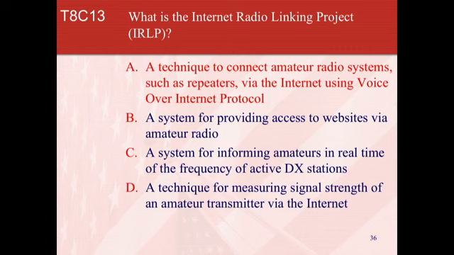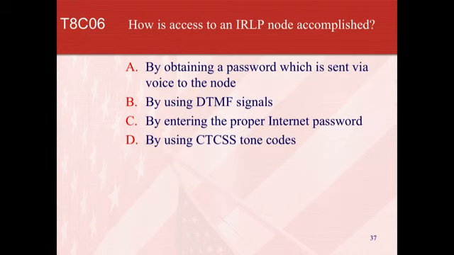Or you can go the opposite. You can use the analog equipment routed through an Echolink repeater and go out over the digital side. So everybody can talk to everybody. How is access to an IRLP node accomplished? Using the DTMF signals.